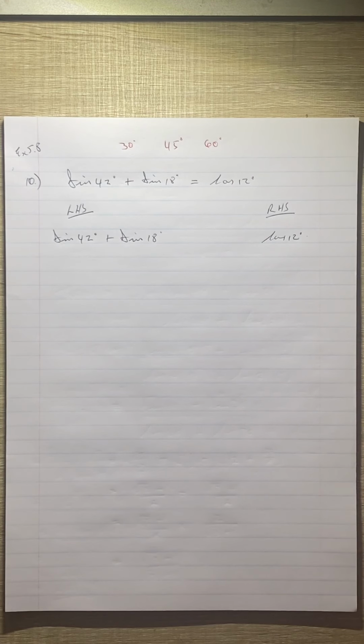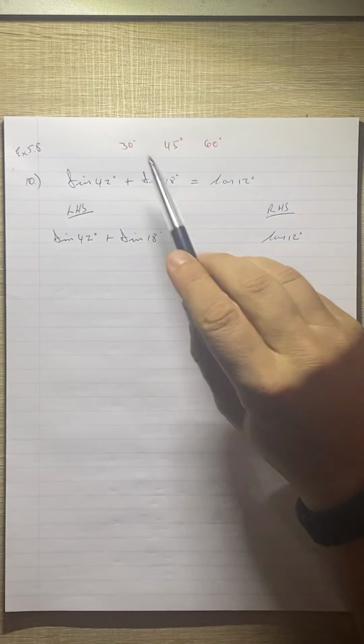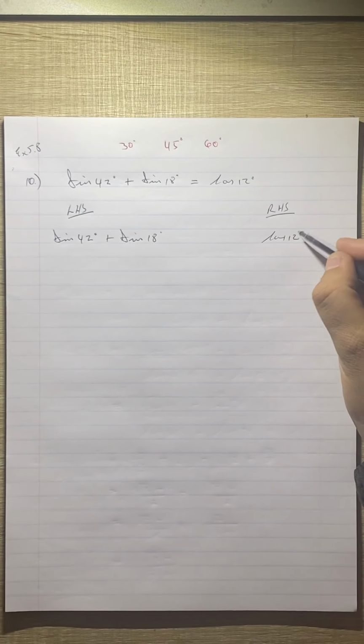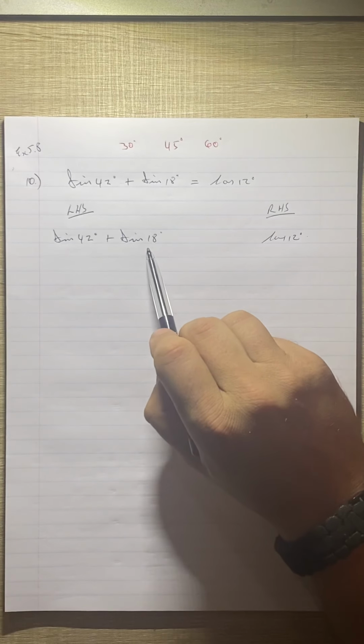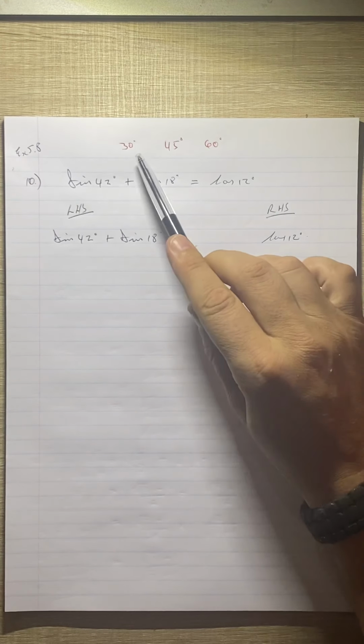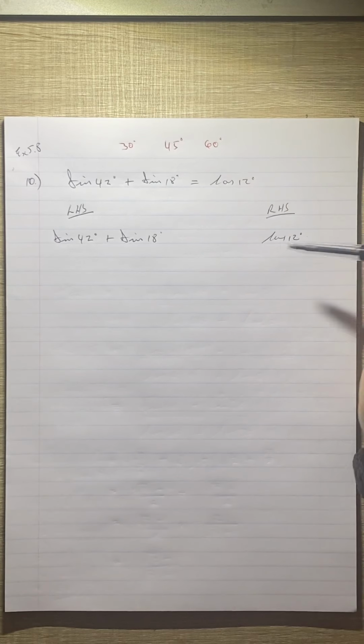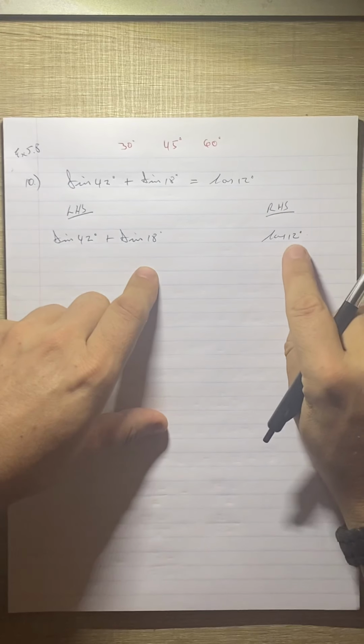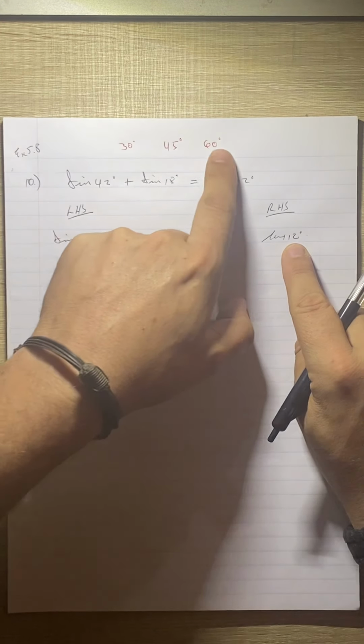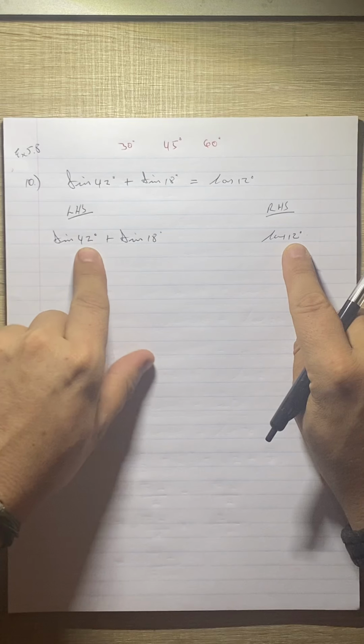So I'm going to use our special angles plus this angle over here, this 12, to try and get these angles over here. Because with the special angles, I know what they are, and also I want to introduce a 12. So for example, 12 with a combination of which one over here will give us 42?